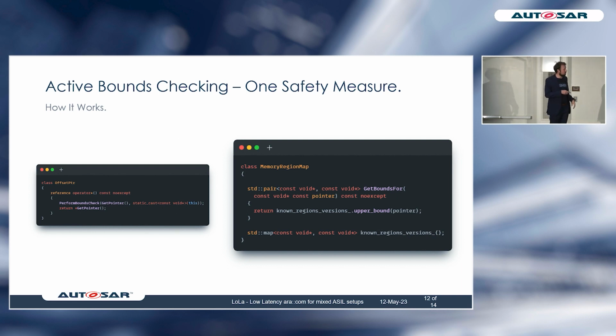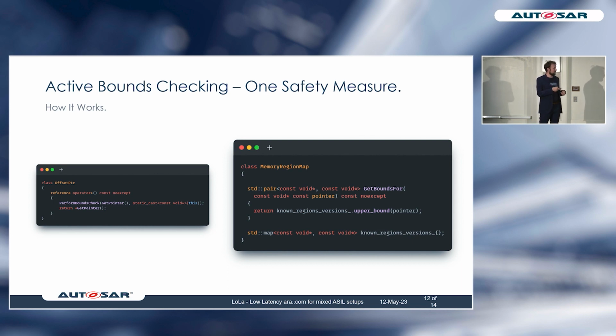Each time we open a shared memory segment, we will have a singleton and a runtime. We have the ara::com runtime anyhow, where we basically will remember that this shared memory segment exists. And because we're mapping it into our virtual address space, we know the start and the end of it. So we just store this in a map. And then on each dereferencing of our offset pointer, we will do a bounds check.